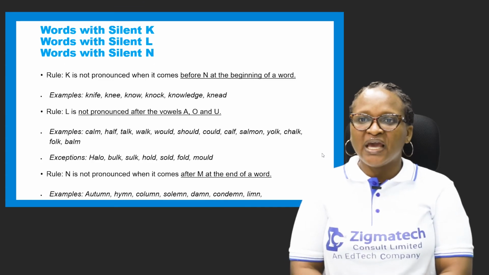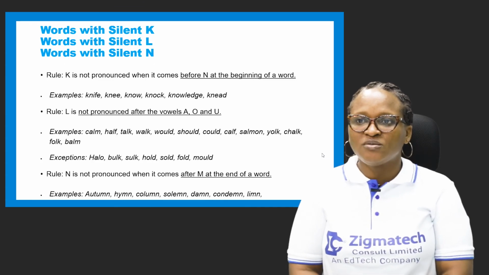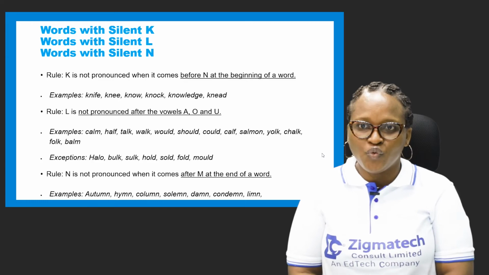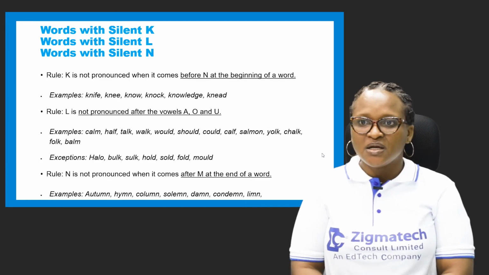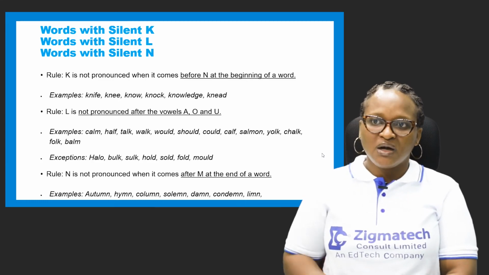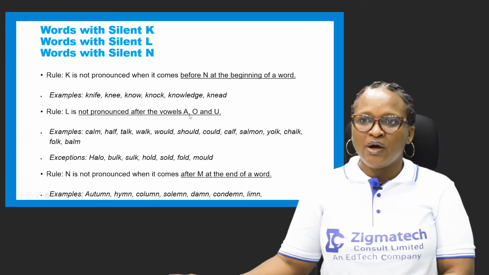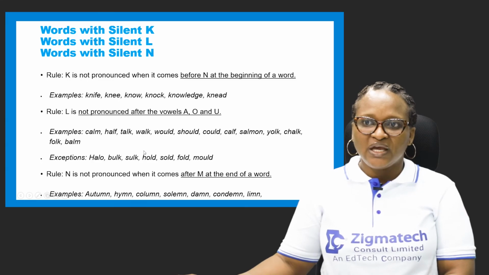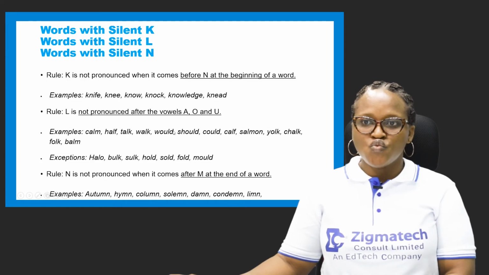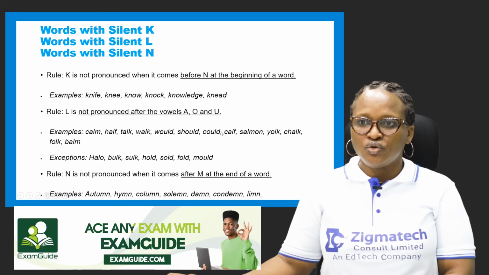For the rule, K is not pronounced when it comes before N at the beginning of a word: knife, knee, know, knock, knowledge, and knead. L is not pronounced after the vowels A, O, and U: calm, half, talk, walk, would, should, could, calf, salmon.